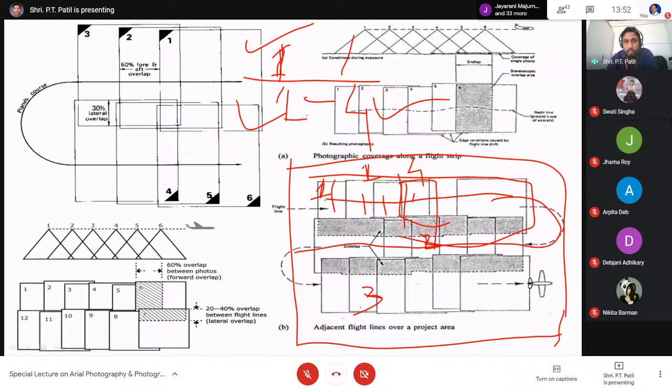There are two kinds of overlap: forward lap and side lap, which we call overlap and sidelap. So when we took the first and second aerial photographs, automatically some area, about 60%, overlapped each other. Without that overlap, we are unable to do stereoscopic imaging. That's why the overlap plays a very important role.